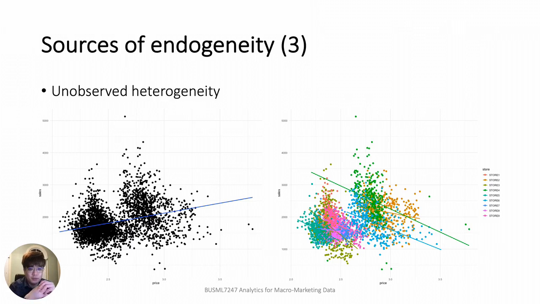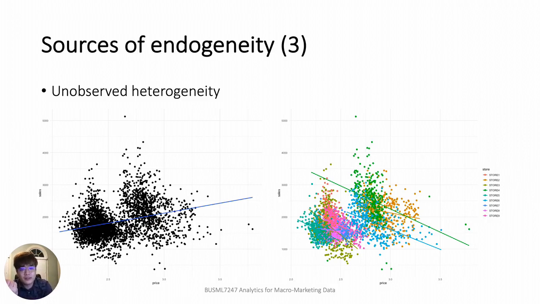Another potential source of endogeneity is unobserved heterogeneity. The left side figure plots weekly beer sales and prices. As you can see, the trend line is upward, indicating a positive correlation between the price and sales.